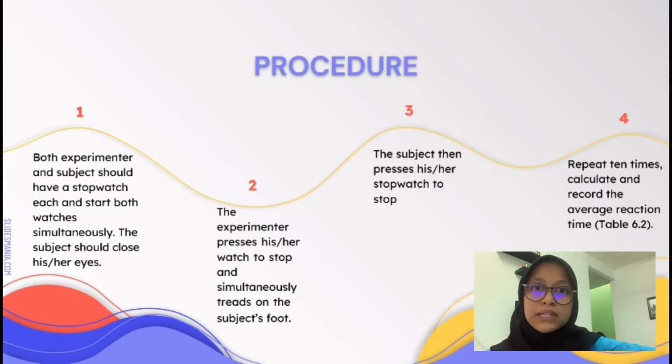Second, the experimenter should press her stopwatch to stop and simultaneously thread the subject's foot. The third one, the subject then presses his stopwatch to stop when she feels the pain, and the fourth one will repeat 10 times and calculate and record the average reaction.